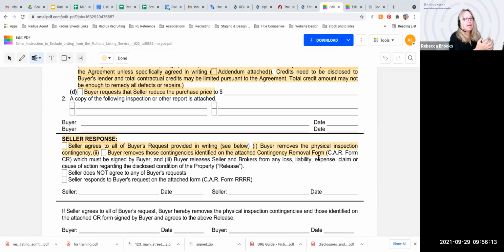The seller says, okay, I'll go ahead and agree to your request, but because I'm agreeing to your request, I want you to remove this contingency, okay? And so this is that form that is like an exchange.